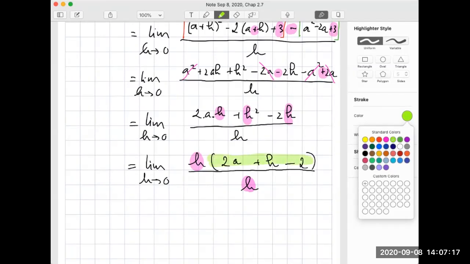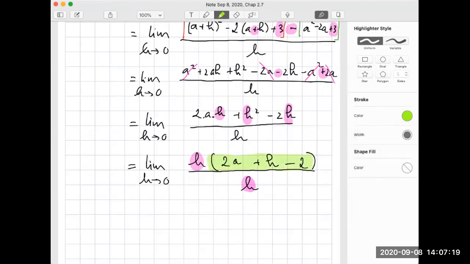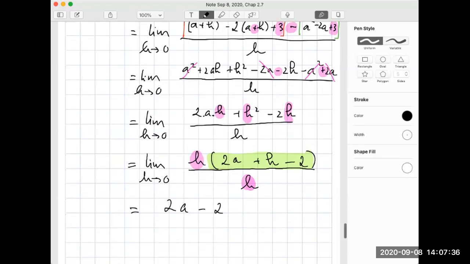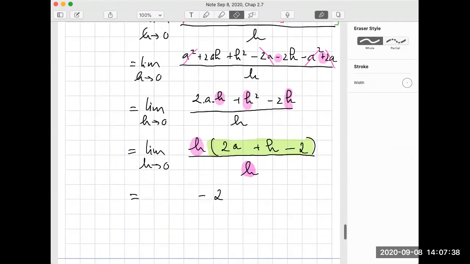Therefore, we can substitute the value of h is equal to 0 to this one to find this limit, which is 2a minus 2, right? Well, let me write it clearly.